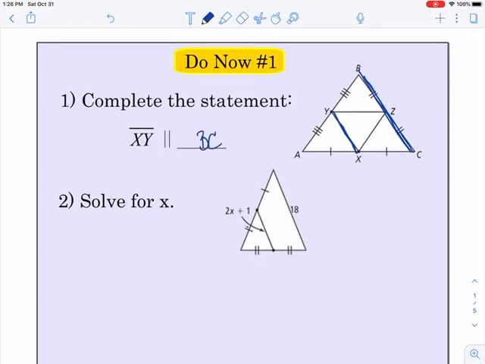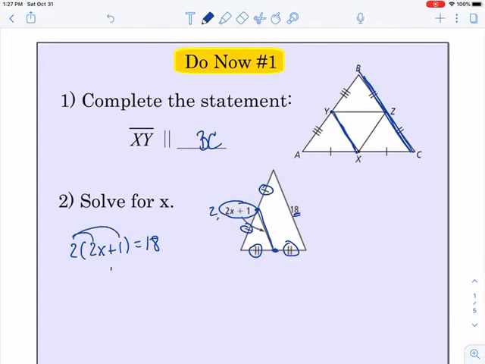Okay, for number 2, we want to solve for x. The fact that these have these marks here means that this point and this point are both midpoints, so that makes this line a mid-segment. If that's represented by 2x plus 1 and this one equals 18, if I multiply this one by 2, I should get that 18. So the equation is 2 times 2x plus 1 equals 18.